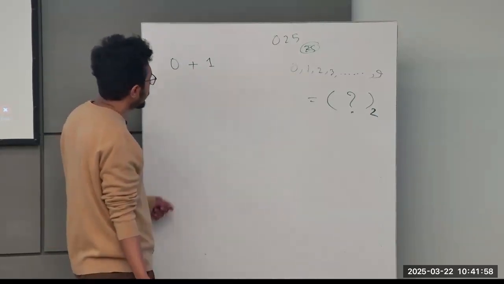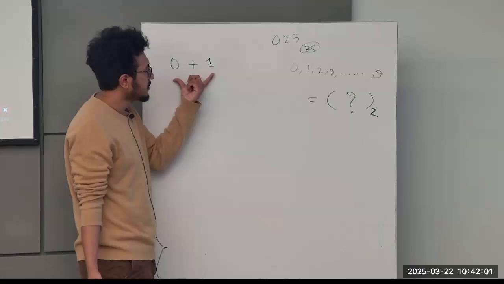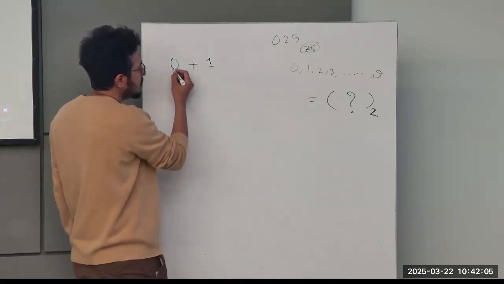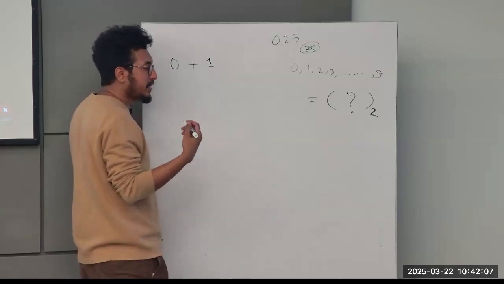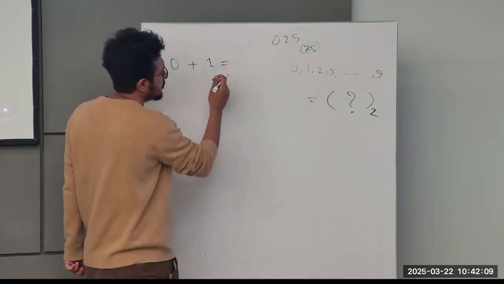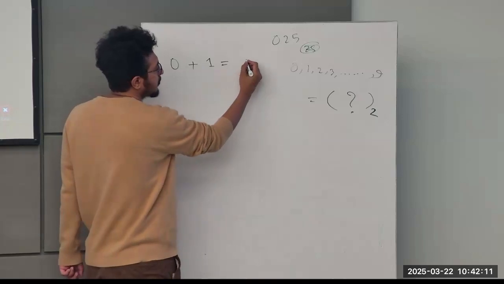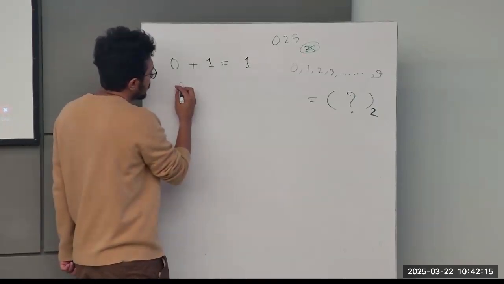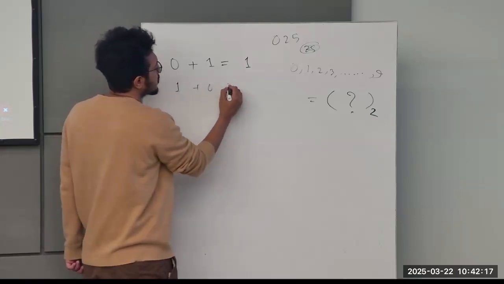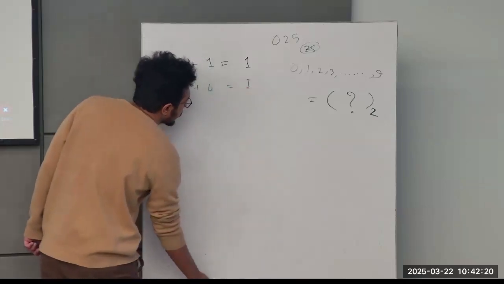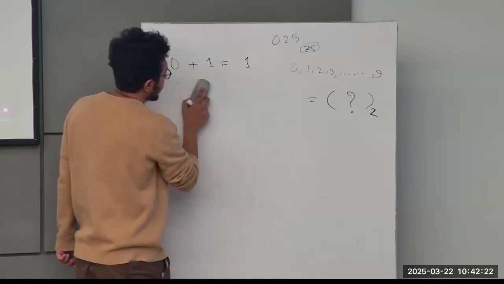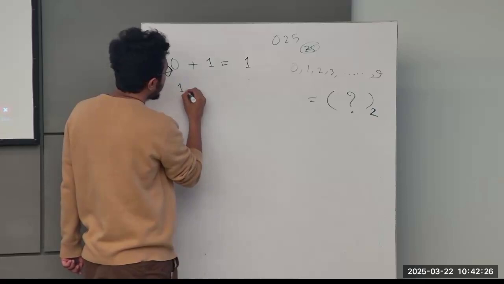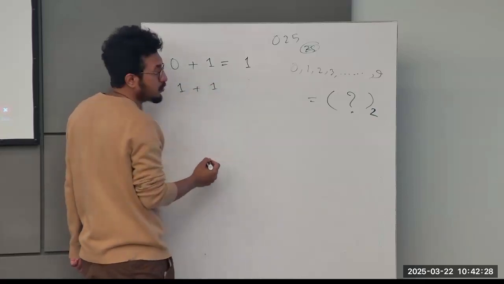I am asking you what is the result of adding 0 and 1? 0 in binary is 0. 1 in binary is also 1. So if I add, then it will be basically 1. Basically 1 plus 0 is 1. I am not writing it because you already, I think, know that the order doesn't matter.